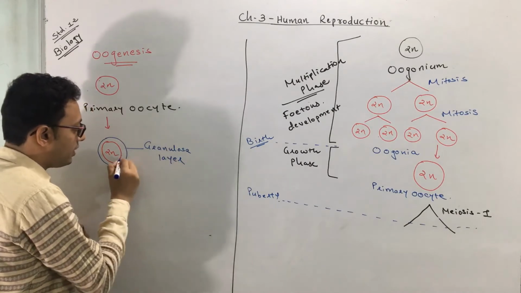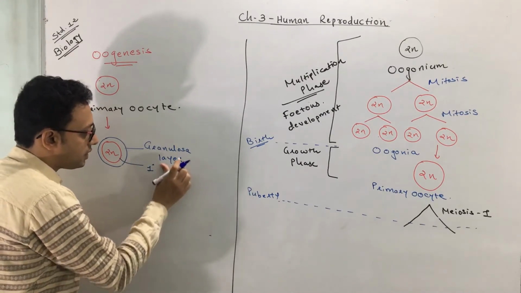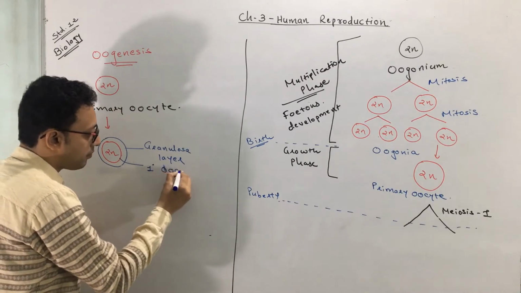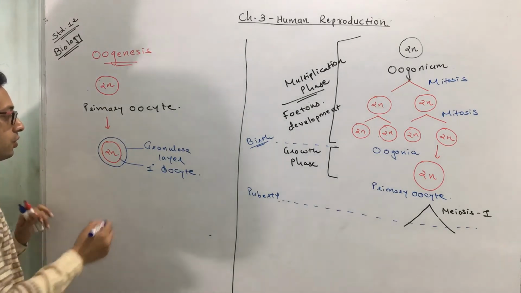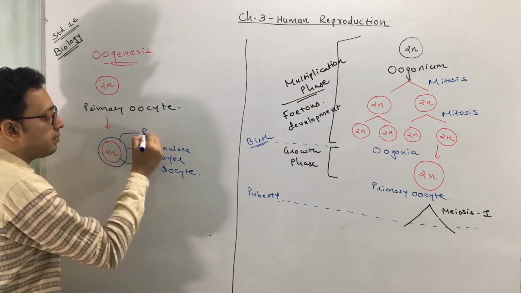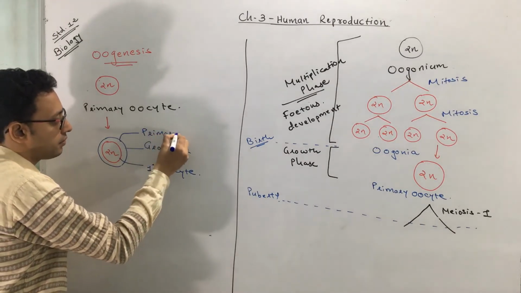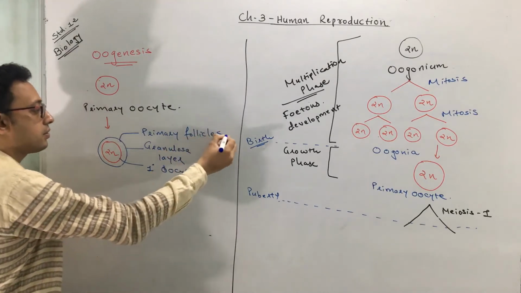And what is it surrounding? The primary oocyte. The layer surrounding it is called the primary follicle. What is it called? Primary follicles.